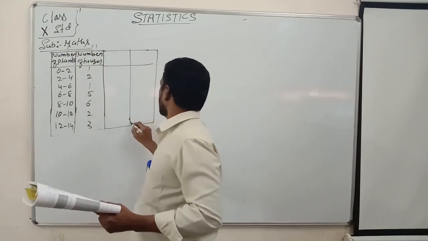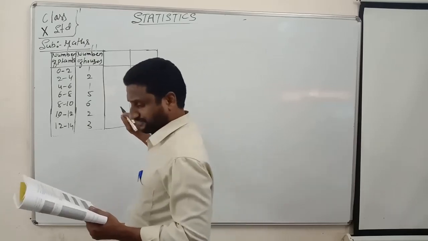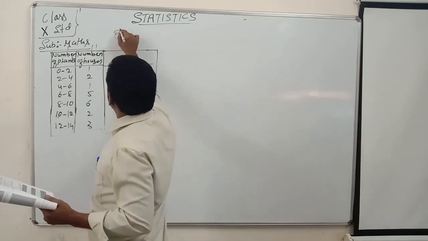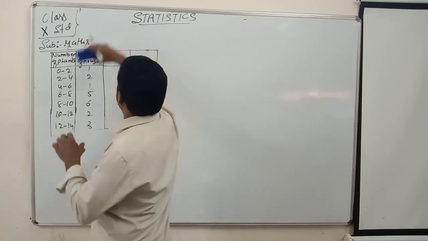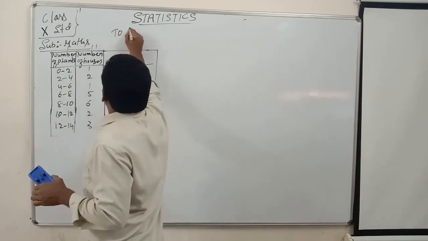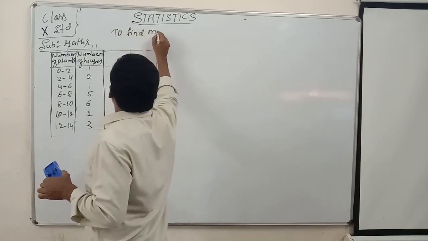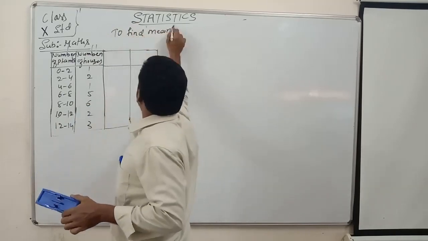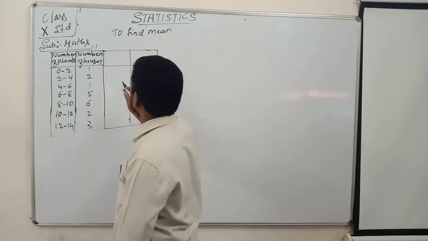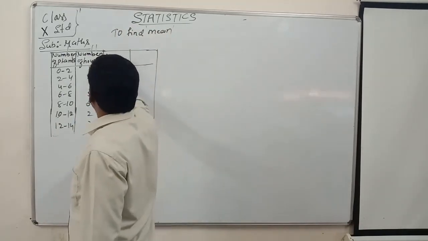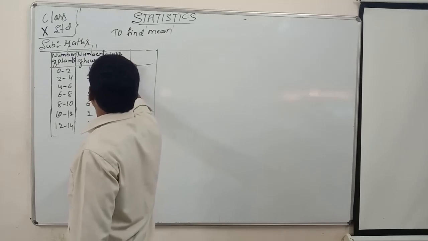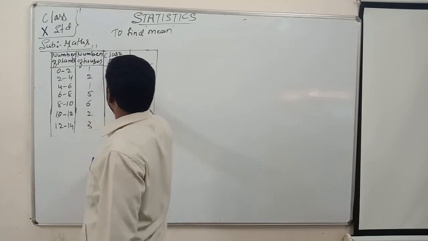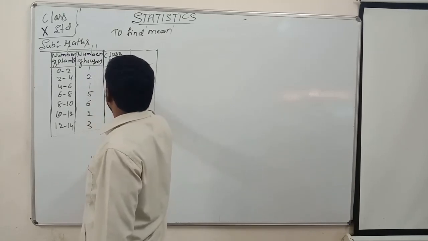How to calculate those 2 more columns? To find the mean, I am writing. First, this is called the class mark, that is xi.